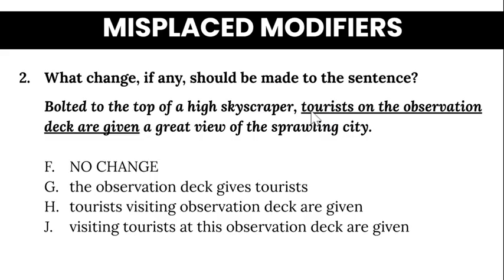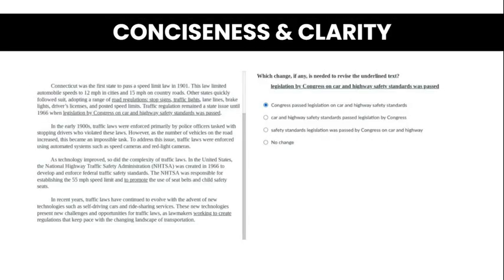Common sense says the tourists are not bolted to the top of a high skyscraper. It's actually the observation deck. So I need to put observation deck up here. So I need to change the wording of the underlined portion to put the word that is being modified beside the modifier. So I would choose answer G. The observation deck gives tourists.